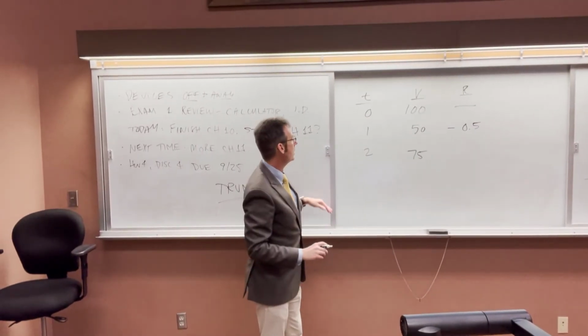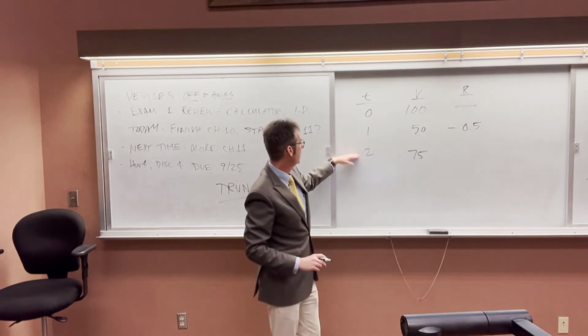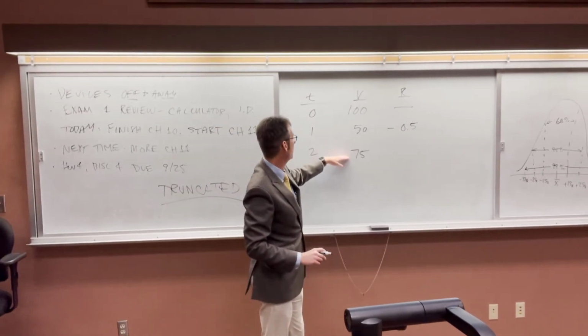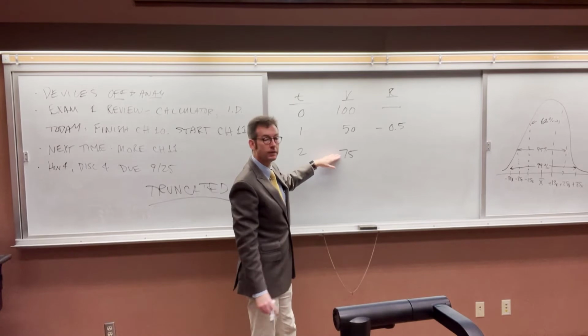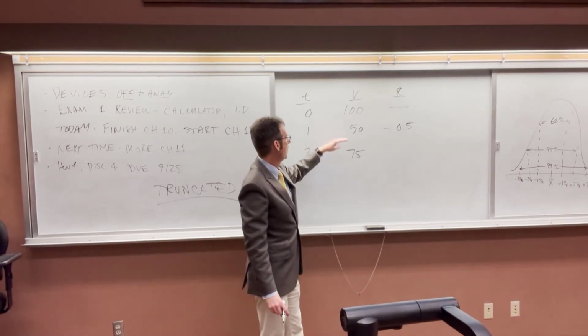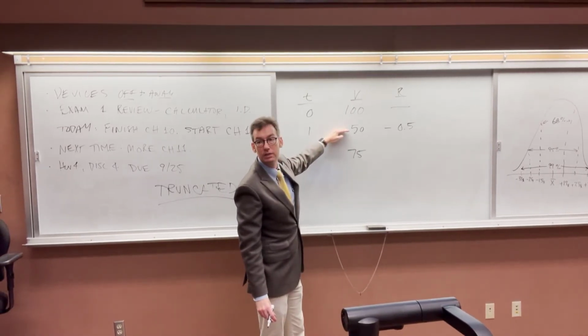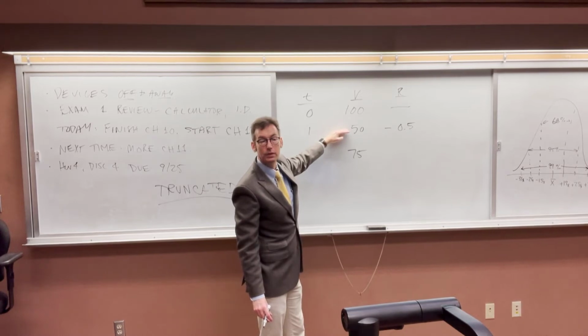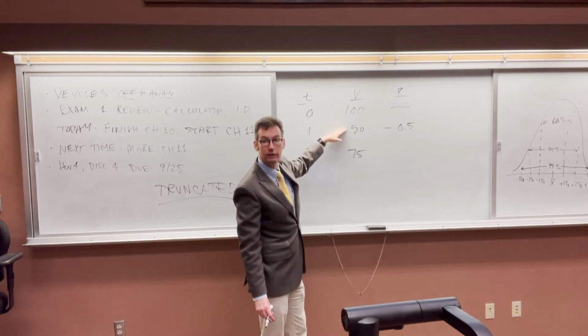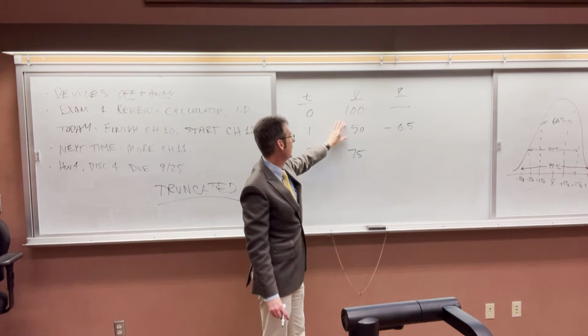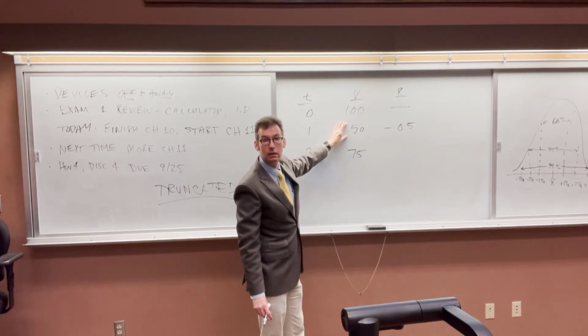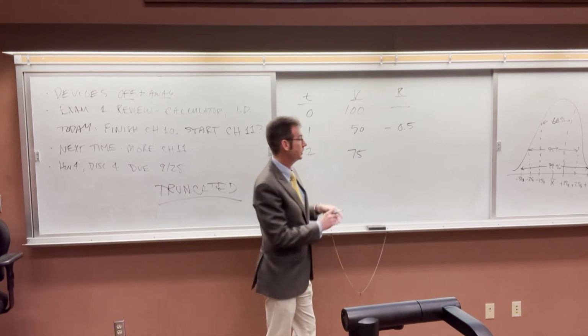Okay, now to find the return at time 2, what we're going to do is take 75, which is our new value, minus the previous value, which is 50. Now we're up, so 75 minus 50 is 25. What's 25 divided by 50? It's half, right? So 0.5.